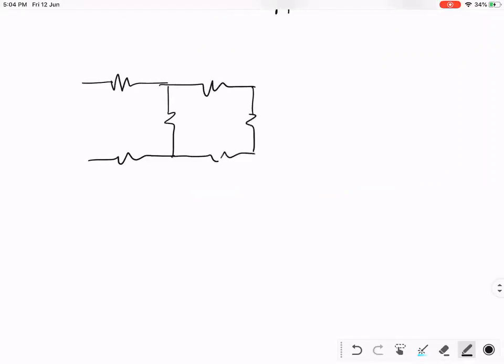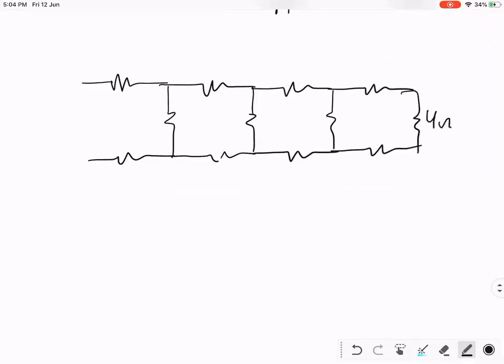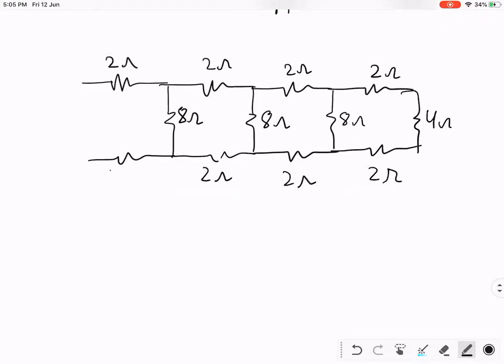Let's see how you will solve this problem. What is the resistance between A and B? 8 ohm.